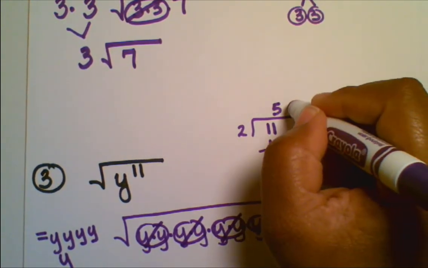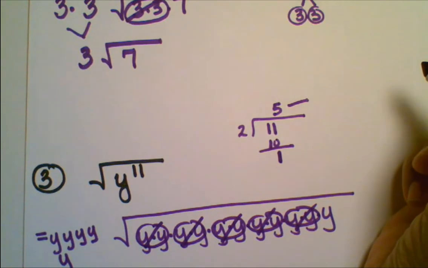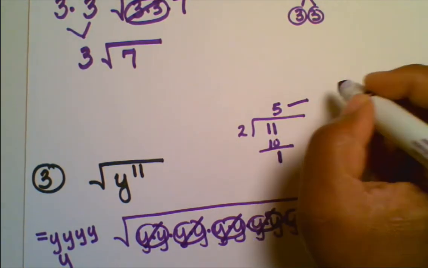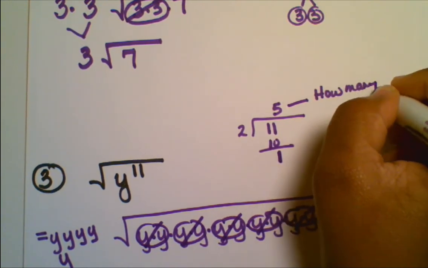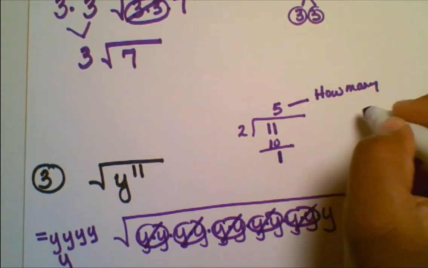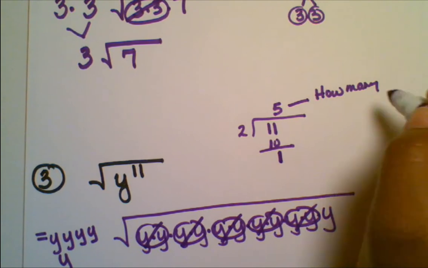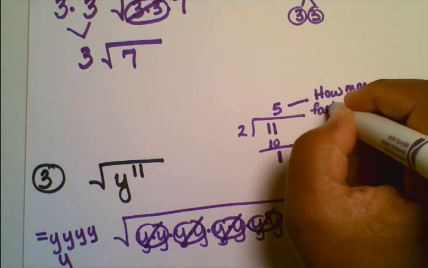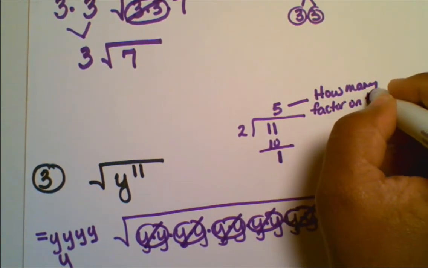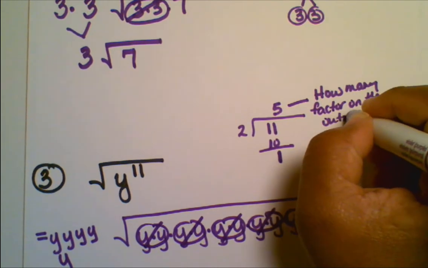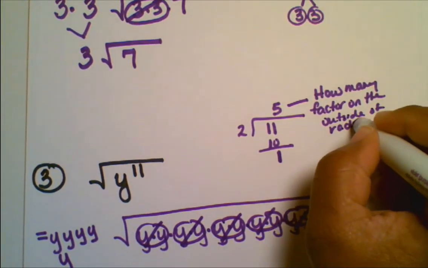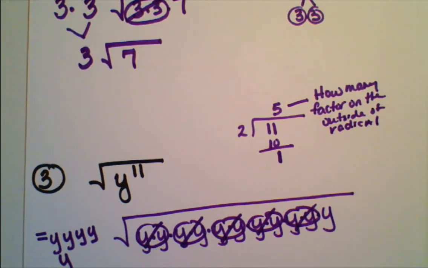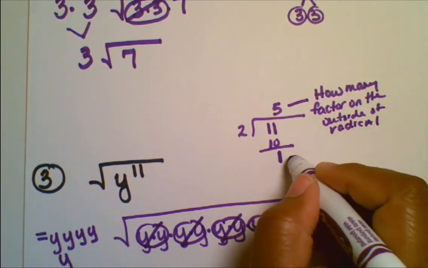So the quotient tells you how many factors are on the outside of the radical. So we had 5 y's on the outside.